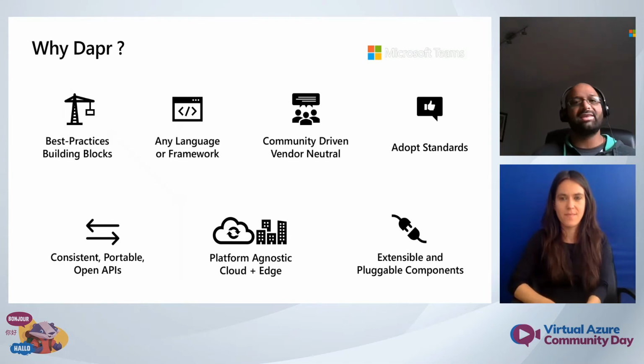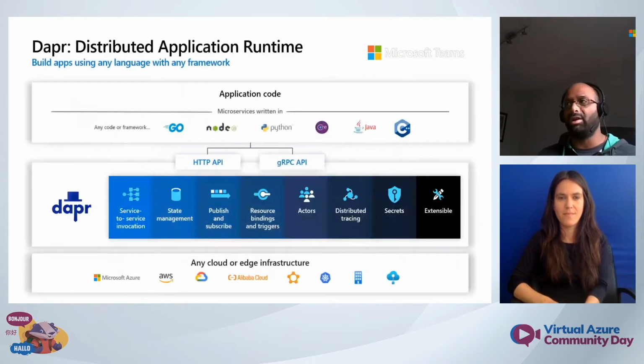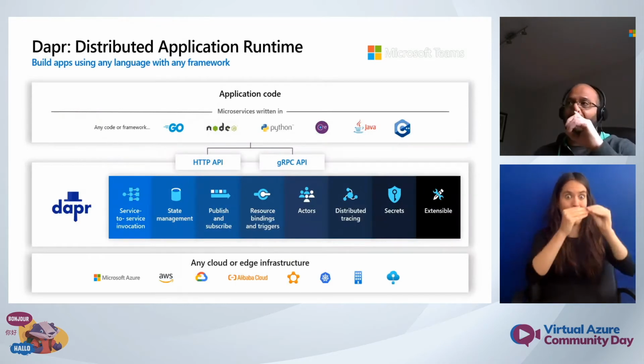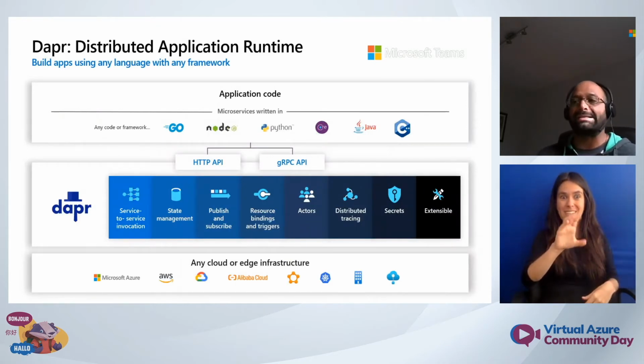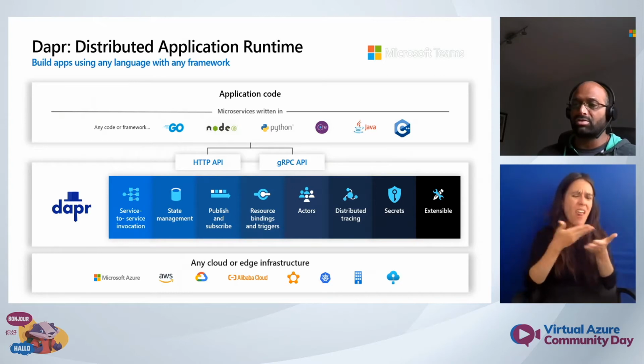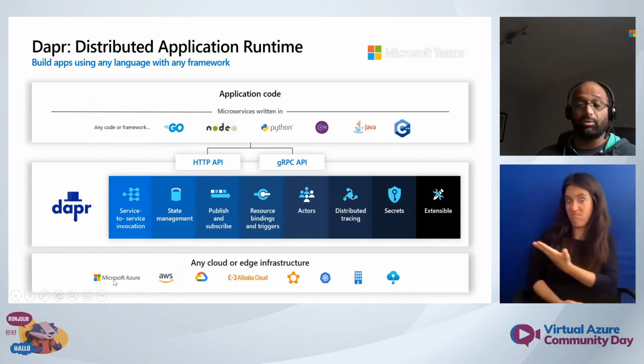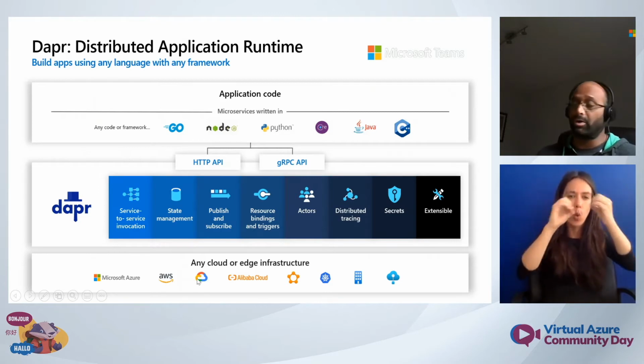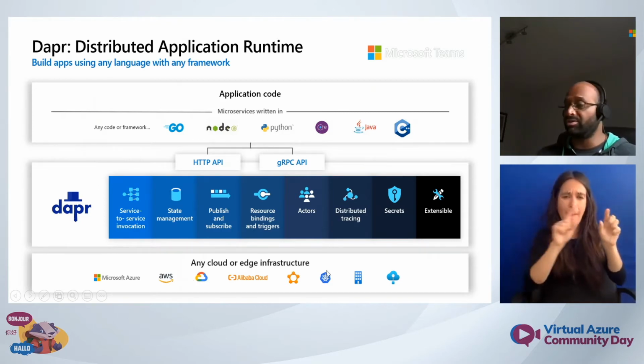What is Dapr? Dapr helps you to build microservices applications in any language or in any framework. As you can see, Dapr works across these clouds. It works on Azure, AWS, Google, Kubernetes, and Service Fabric.